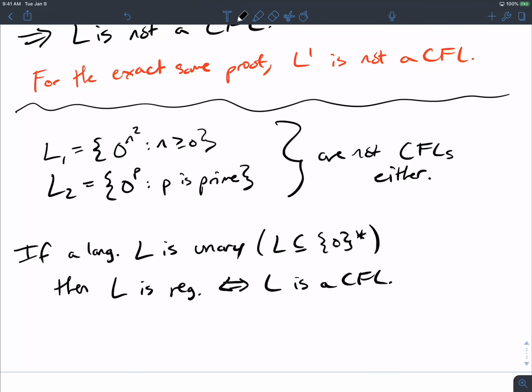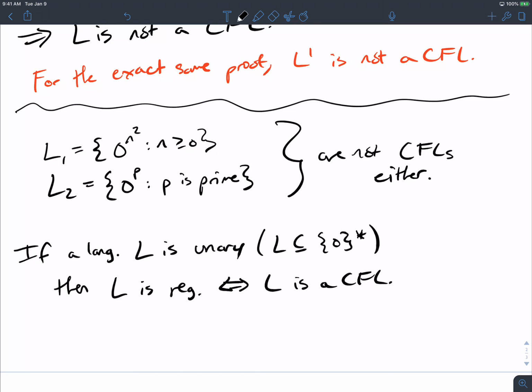This tells us that if you wrote a program that checks if a number is prime written in unary, there's no way for a compiler to check if that program's correct. Because if it could, then this language would be context-free, but it isn't. Most compilers are implemented using a context-free grammar, essentially.